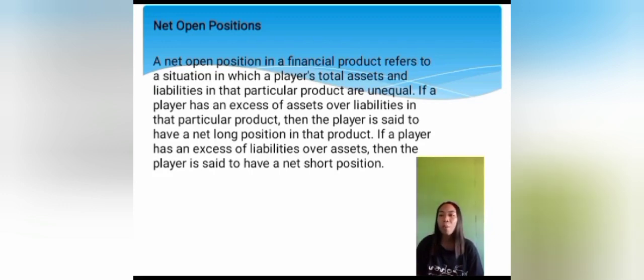So the net open position should be calculated as the sum of balance sheet holdings of equities and notional positions in equity derivatives. The net position is positive if it is a long position and negative if it is a short position. The position in the market must be calculated on a market value basis.